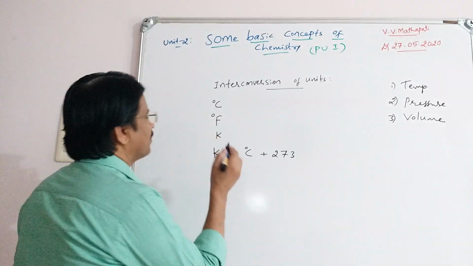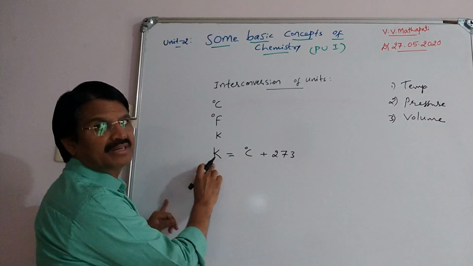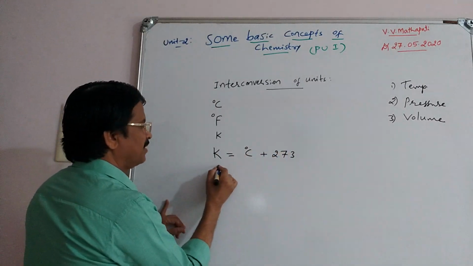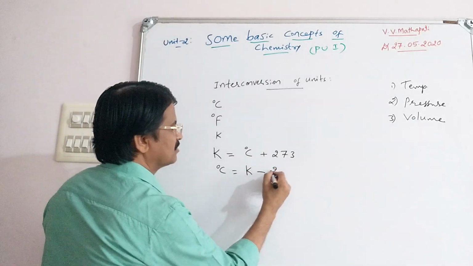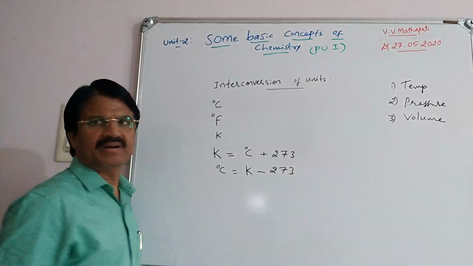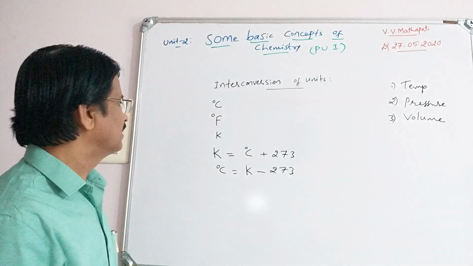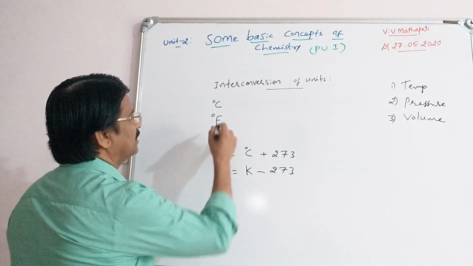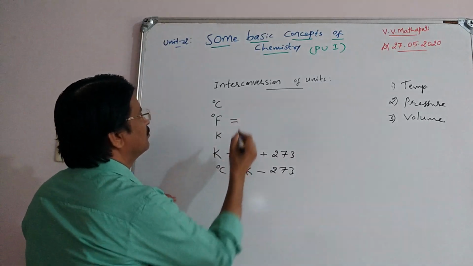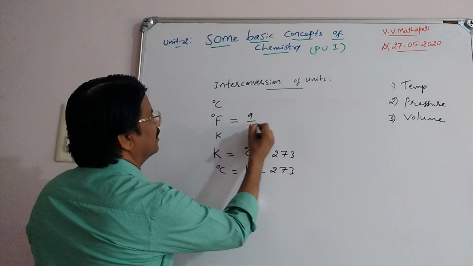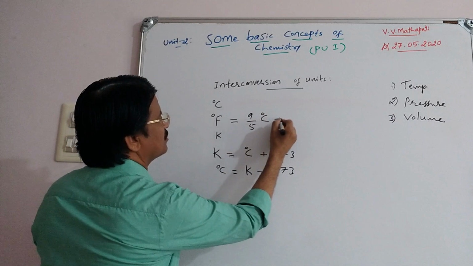Next, if Kelvin is given, how to convert into degree Celsius? Degree Celsius equals Kelvin value minus 273 or 273.15. Either one you can use. Then in terms of degree Fahrenheit, Fahrenheit equals 9 by 5 degrees Celsius plus 32.